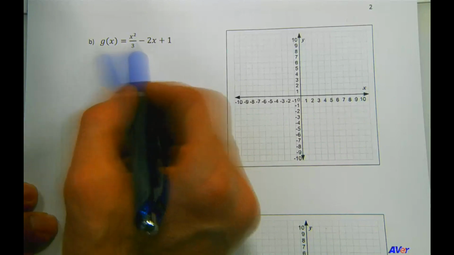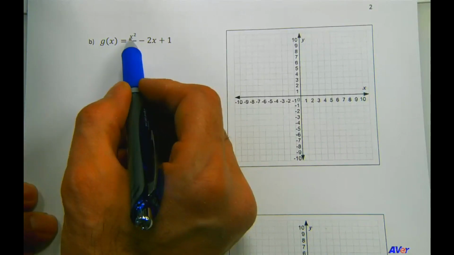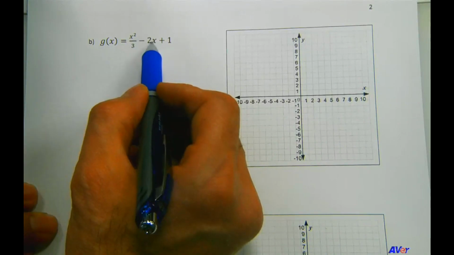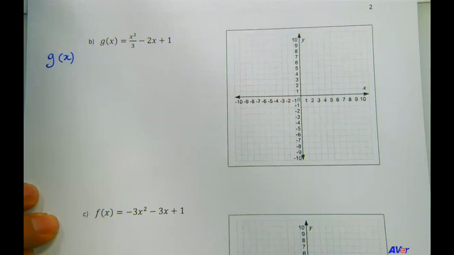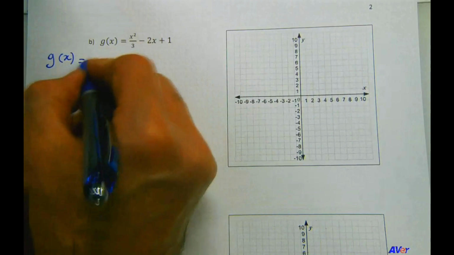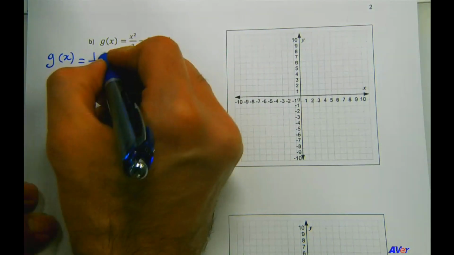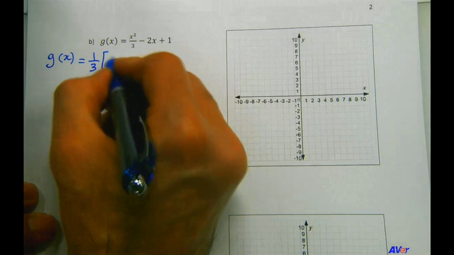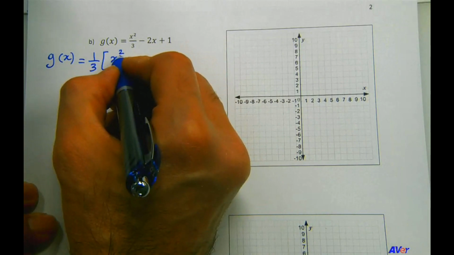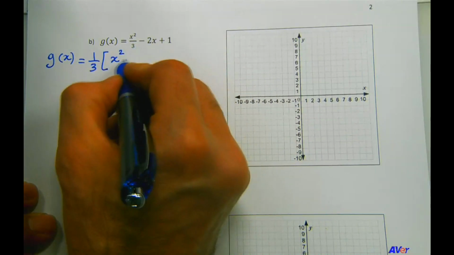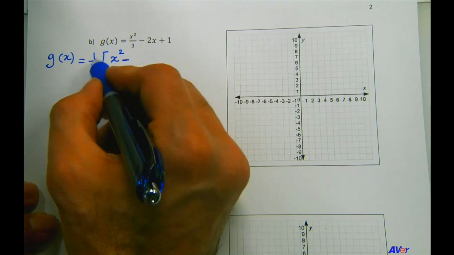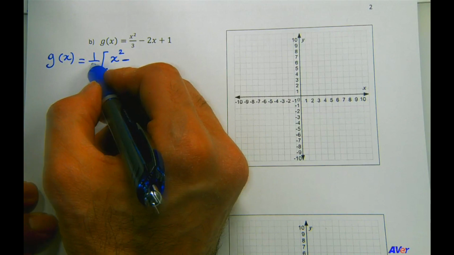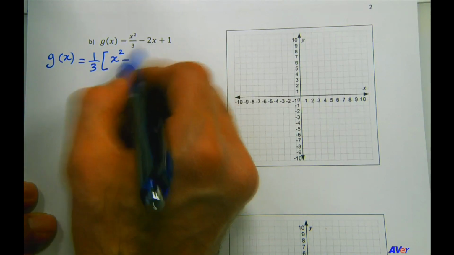So we need to factor out 1/3 from not only this term, but this x term. So let's do that. g of x is equal to 1/3 x squared. Now I need a number here such that when I multiply that number by 1/3, I get 2. The minus is minus.